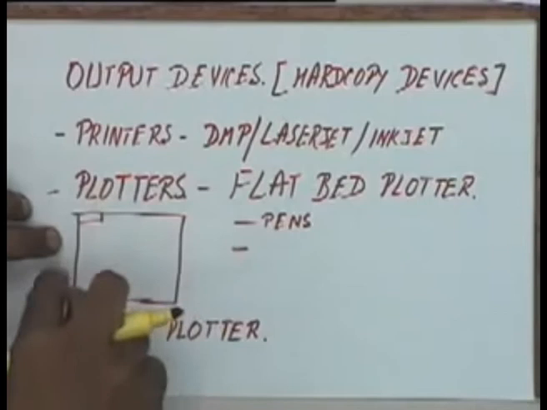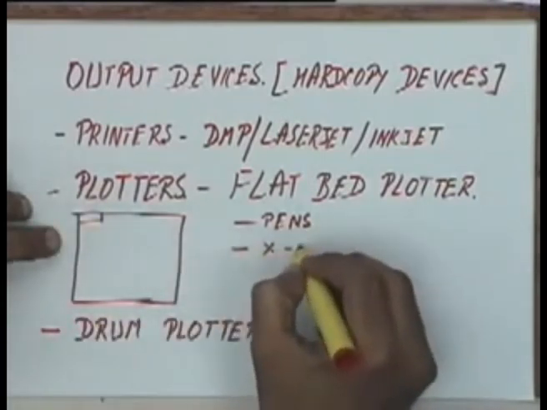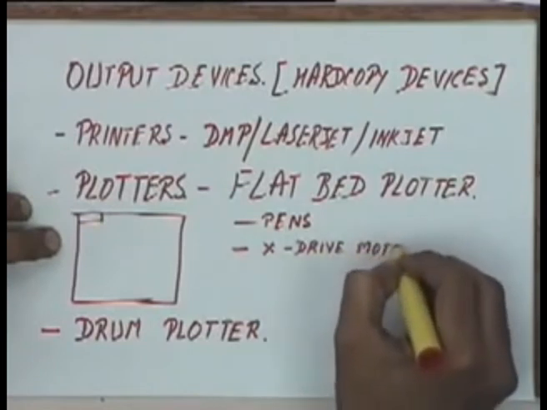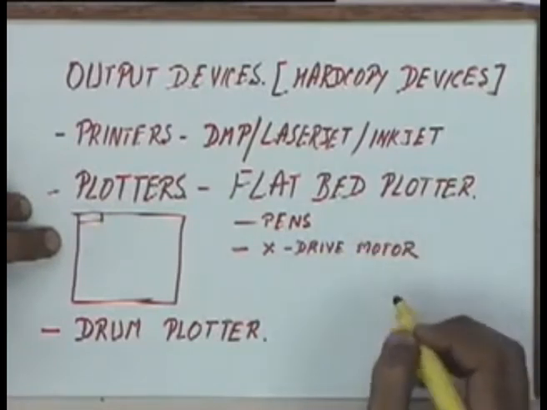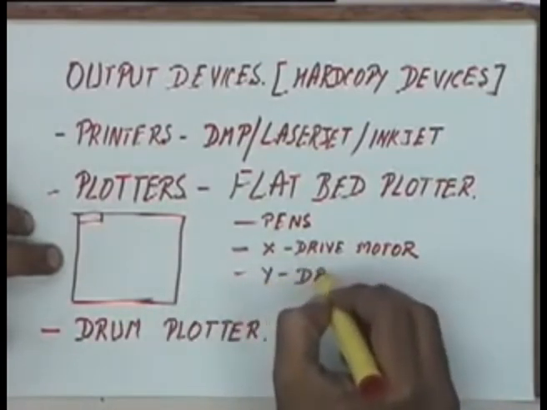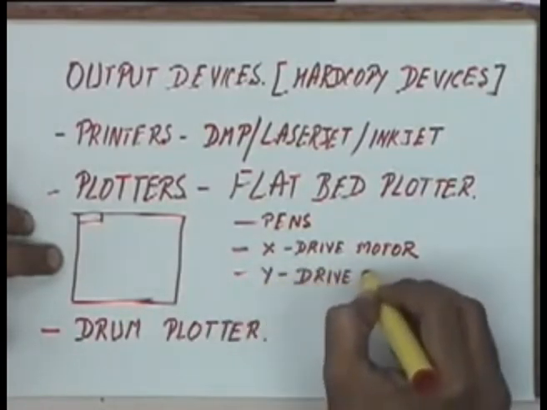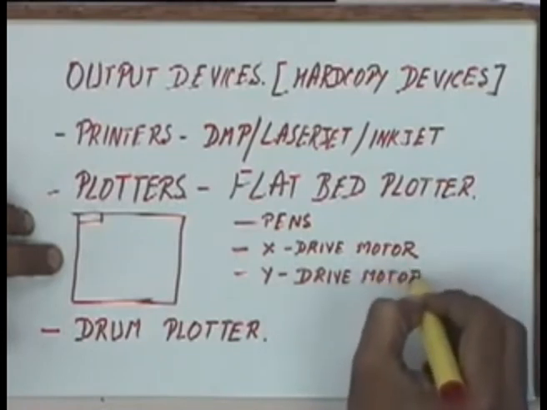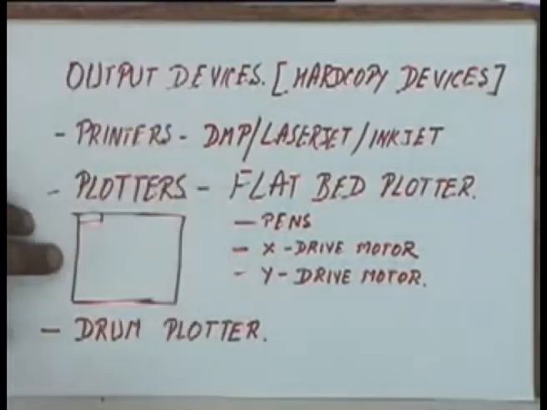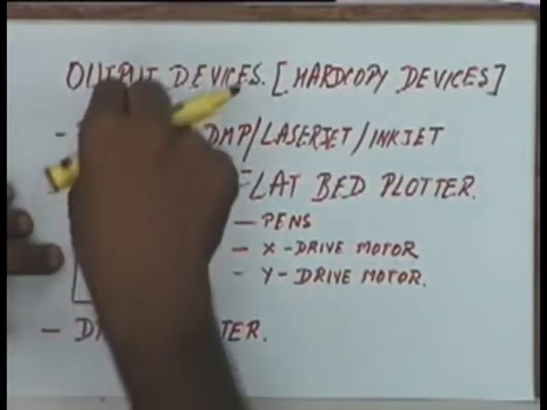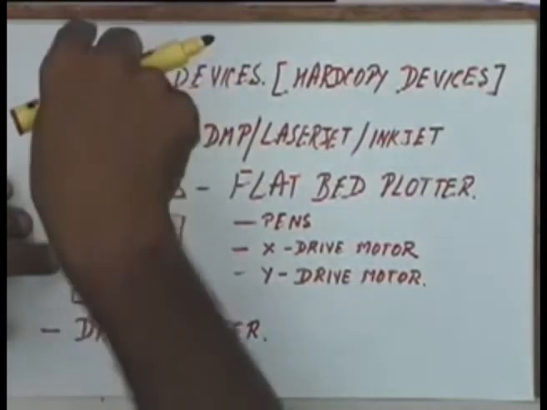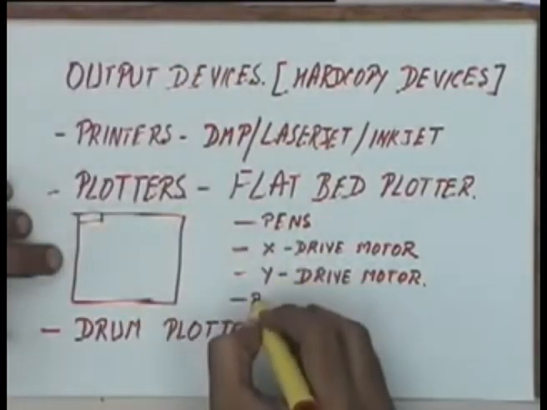For moving the pens in the x direction, we have an x drive motor, and for moving the pens in the y direction, we will have a y drive motor. And as the pen is moving, we will need a mechanism to either lower the pen for drawing or to raise it, so that no line is drawn during the motion. So we have a pen raise and lower mechanism.